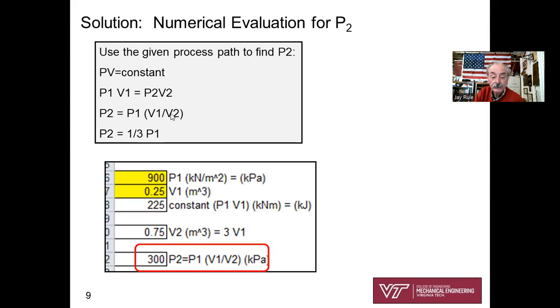So V1 over V2 is 1/3. And so I went in and did the numbers here. Here's P1, here's V1. Just because I do my work in Excel, I calculated the constant P1 V1 to get V2. V2 is 3 V1, 0.75, and so P2 is 300 kPa, 1/3 of P1.